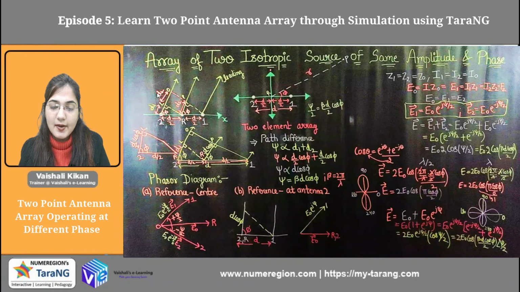Similarly, I can say the path difference between antenna 1 and antenna 2 would be equal to d1 plus d2. If I put the antenna 1 at this point, the radiations will be going in the same manner, but the antenna is placed at this point instead of the point O, and this is how we will be having the path difference of d1 plus d2 between antenna 1 and antenna 2.